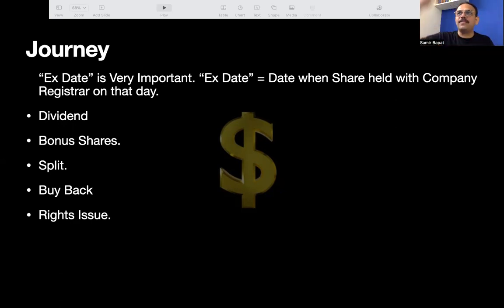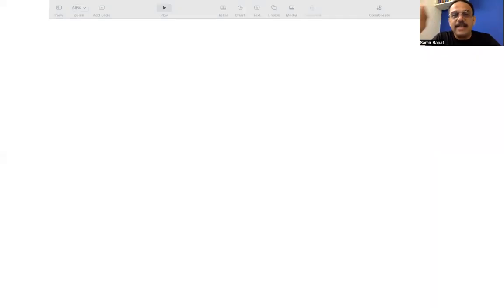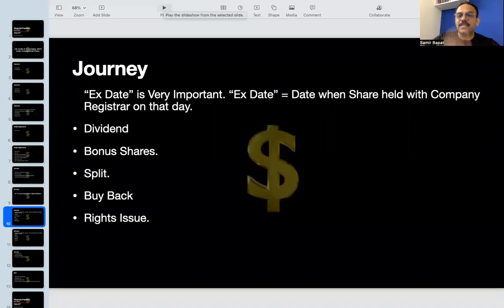That means in the company registrar, against our name, that share is written: this number of shares is held by Samir Bapat. So in the board meeting, they will decide that a dividend of some rupees will be paid to our shareholders, and the cutoff date is the ex-date.